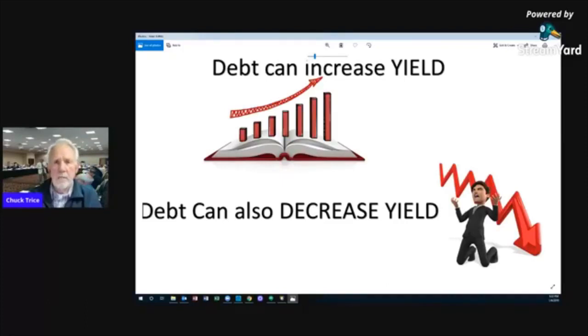So this is the way cap rates work. They're kind of backwards thinking. The lower the cap rate, the higher the price. The higher the cap rate, the lower the price you're going to pay for the property. So you always want to get a higher cap rate, because really you're going to make your profit on the going-in cap rate.